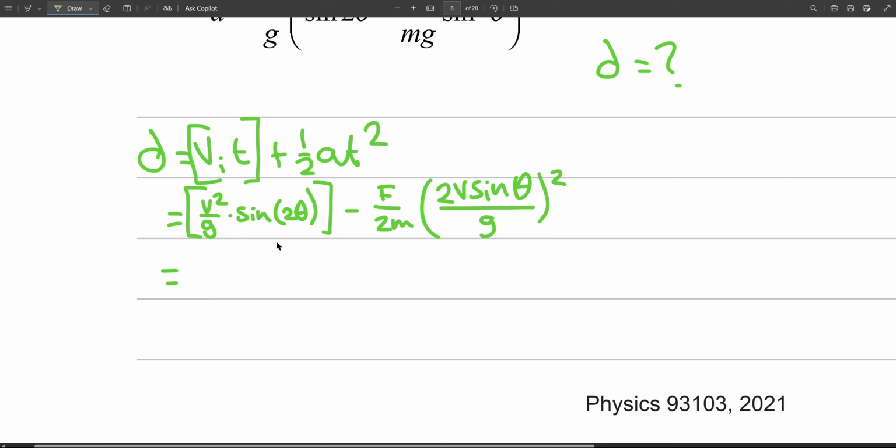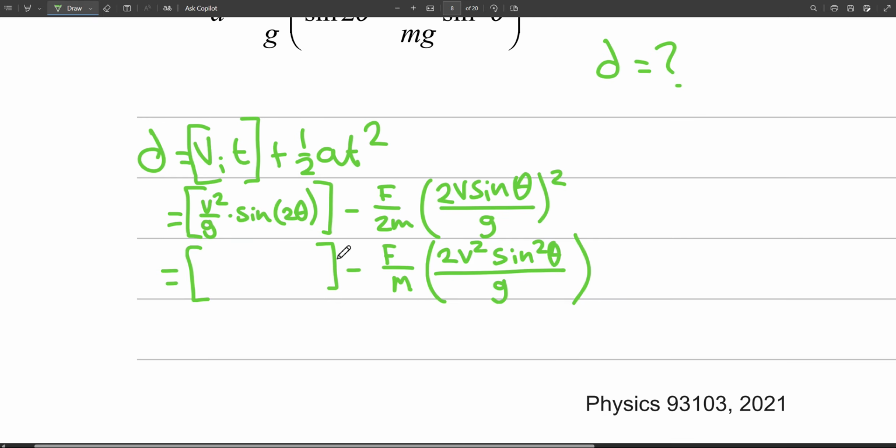Simplifying, we get minus F on 2m into 4v squared. The 4 and 2 cancel, so this becomes F on m, and this becomes v squared sine squared theta on g squared.